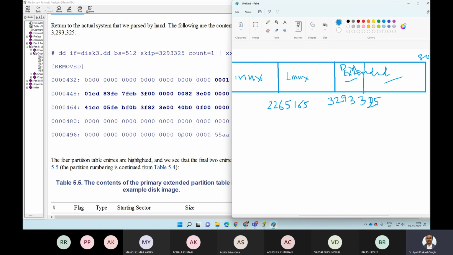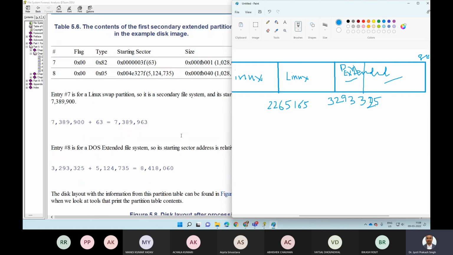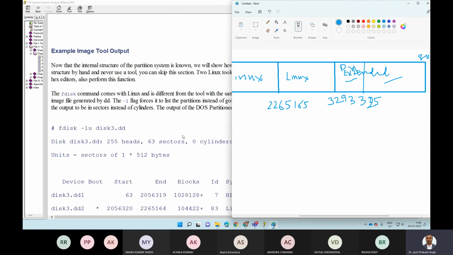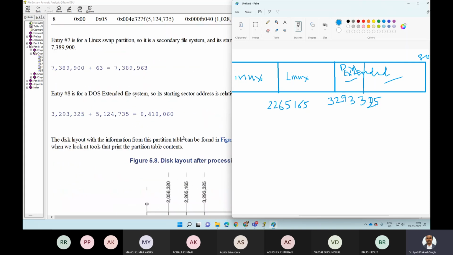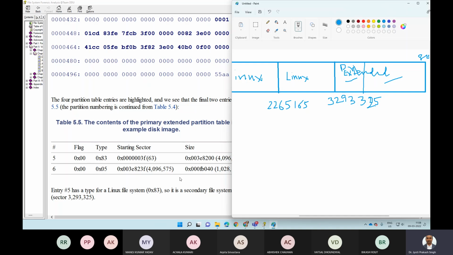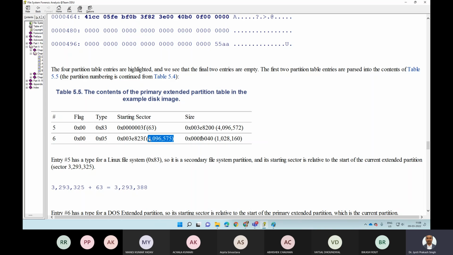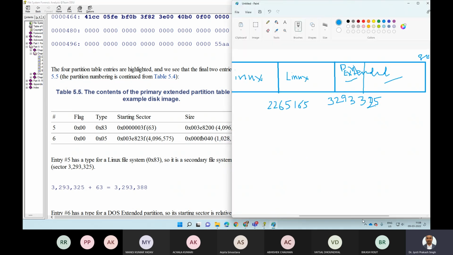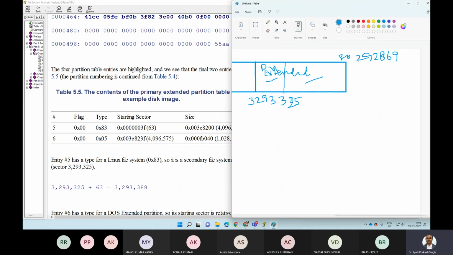If you again want to see what is there in that extended partition, you can issue a very similar command, skipping the other part, and see if there is something. You can see this is the next value, this is the address from where the next one starts, and this is the ending one. If you add them and reach the end of the whole disk, that means there is nothing more.